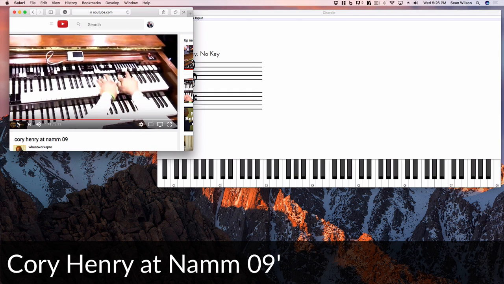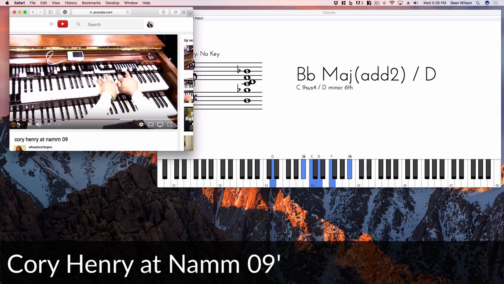Okay, so those first chords, you can see he's going, and the top note is going. Okay, so honestly, that doesn't leave me with a lot of options, right?